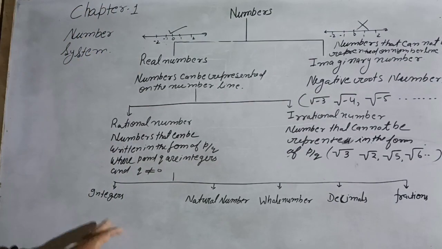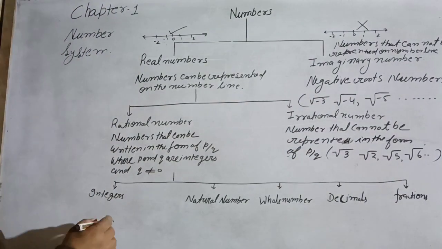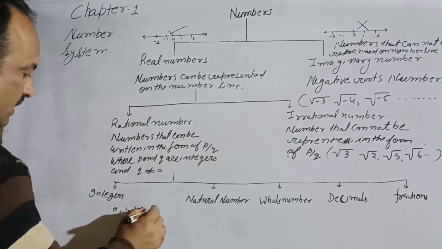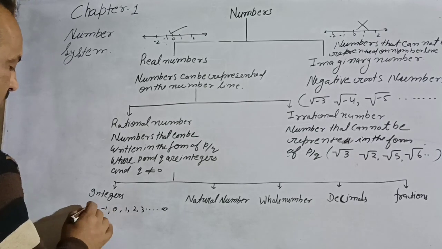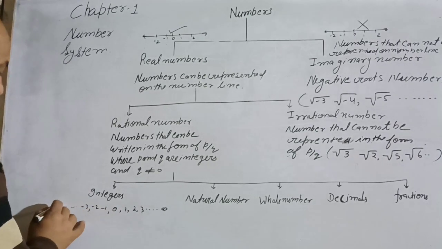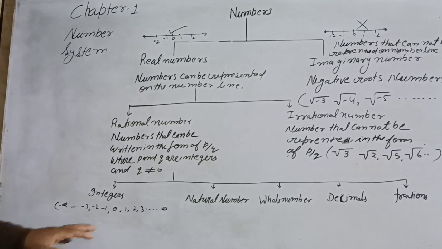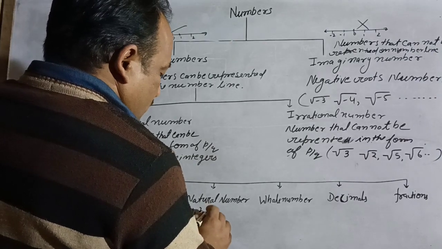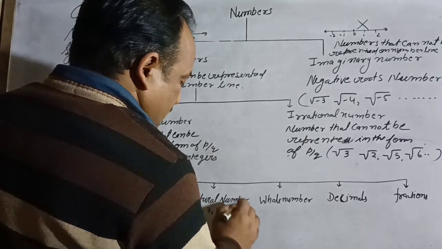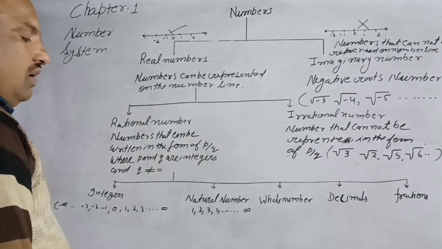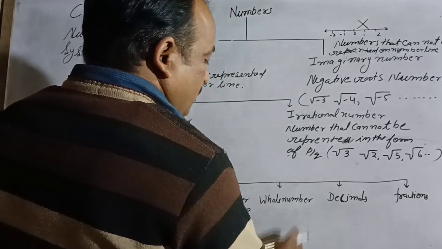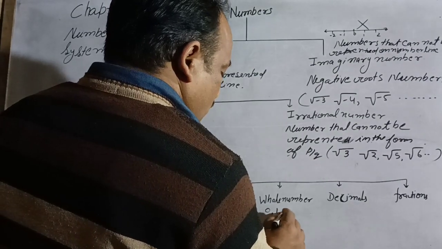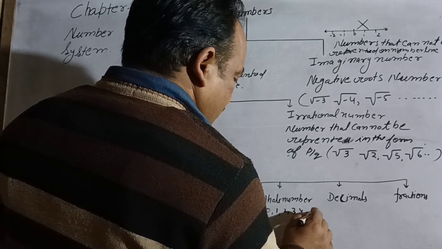Integers, from minus infinity to plus infinity: 0, 1, 2, 3, dot dot plus infinity, minus 1, minus 2, minus 3, dot dot minus infinity, are called integers. Natural numbers 1, 2, 3, 4, dot dot infinity are called natural numbers, or counting numbers. Whole numbers are natural numbers with 0: 0, 1, 2, 3, 4, dot dot infinity.